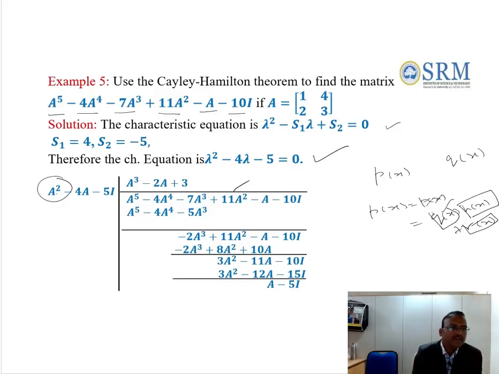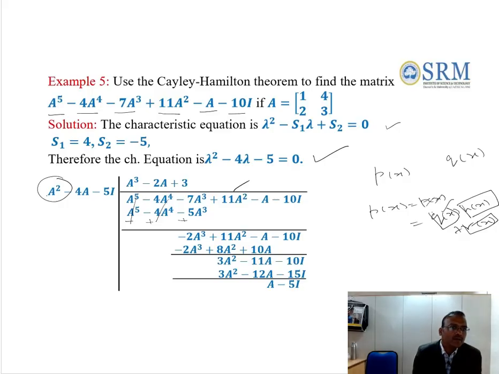Multiply this A cube with this factor, you will get A power 5 minus 4A power 4 minus 5A cube, and then subtract this. Then this gets cancelled, remaining is minus 2A cube. Now look at this term. The term is minus 2 into A cube, but we have 1 into A square.